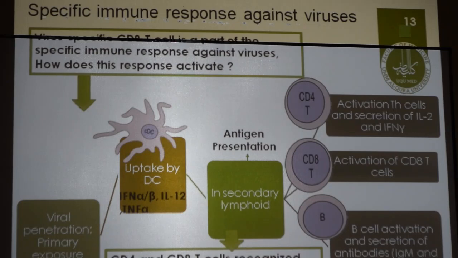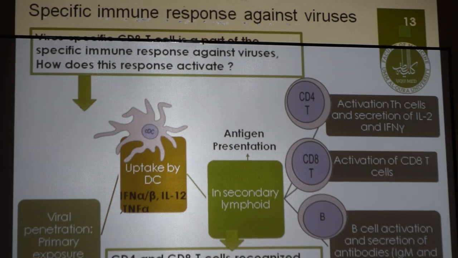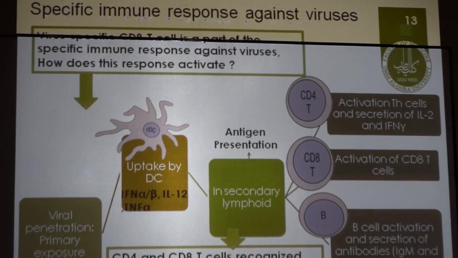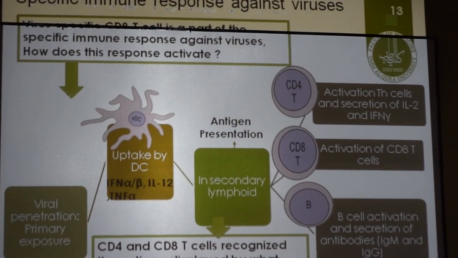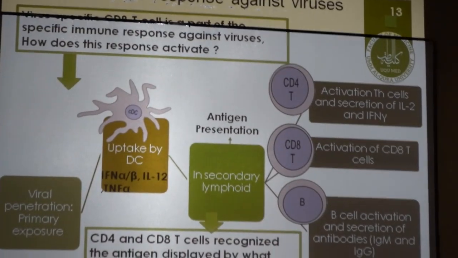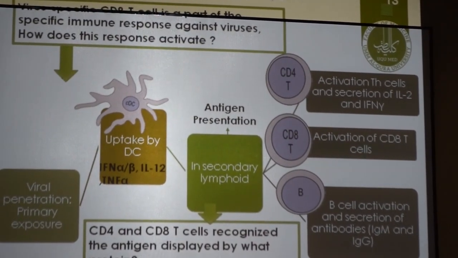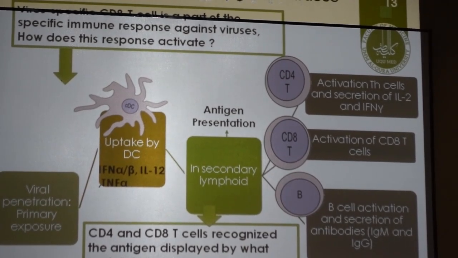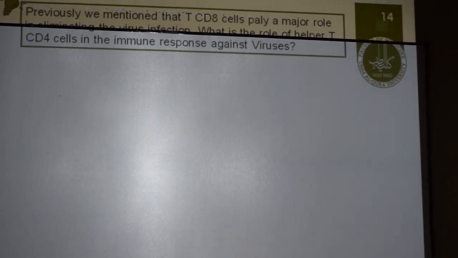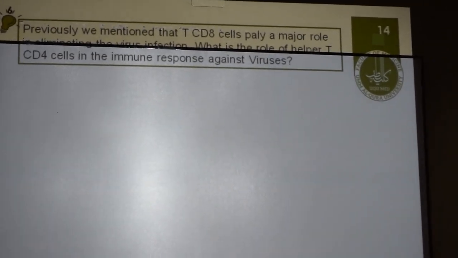So CD4 and CD8 T cells recognize the antigen displayed by what protein? So you have got now CD4 population, you have got CD8 population. Both of them will recognize the viral protein with the help of which receptors? CD4 with the help of MHC class 2 and CD8 with the help of MHC class 1. Now previously we mentioned that CD8 T cells play a major role in eliminating the viral infection.